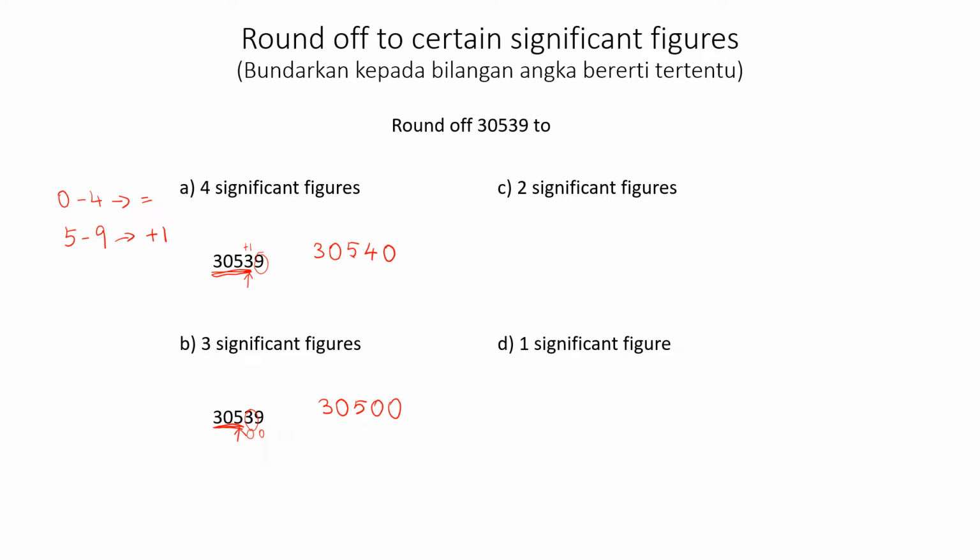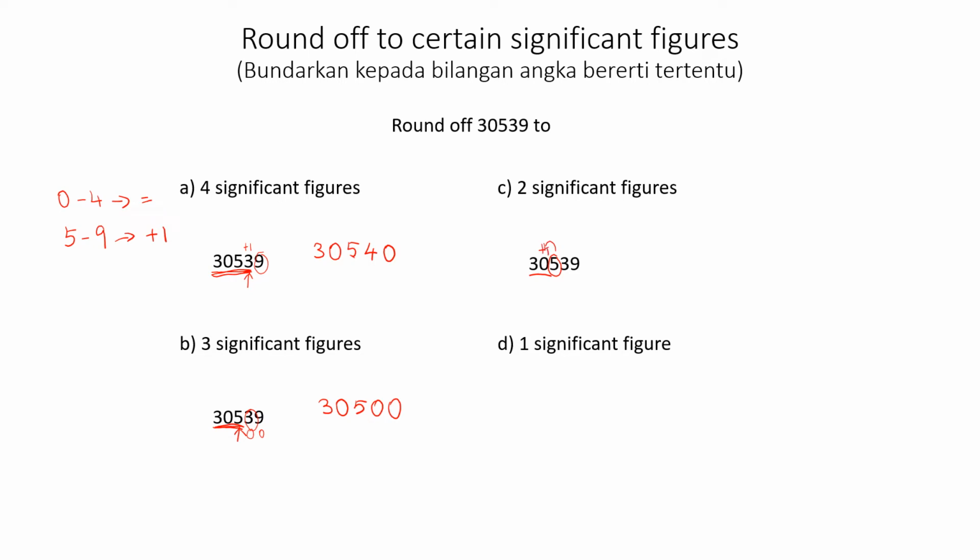If you need to round off to 2 significant figures, that will be the 2 figures in front. We look at the number beside it to see whether we need to round up. Since this is 5, you need to round up.